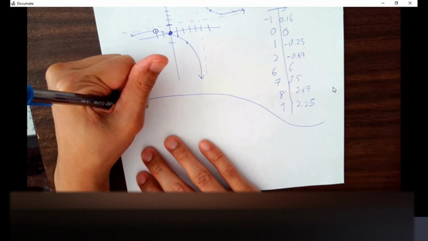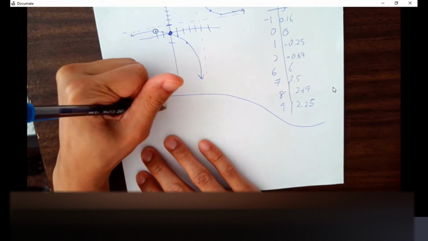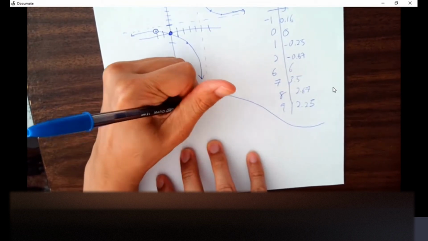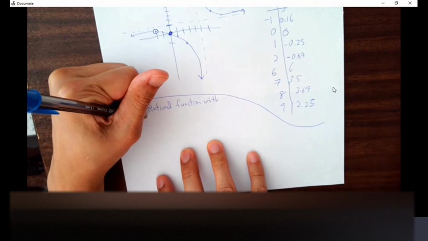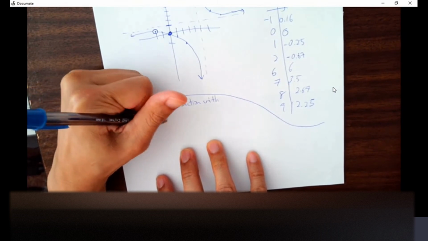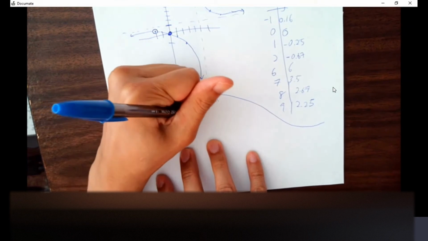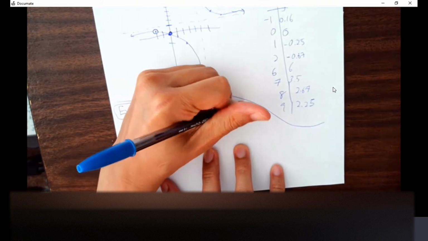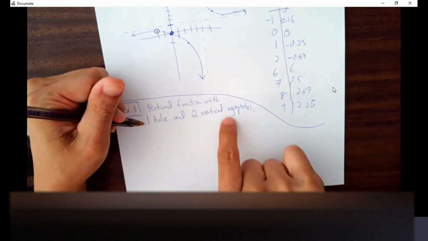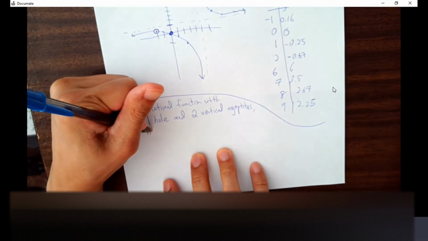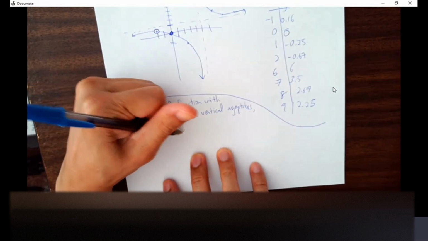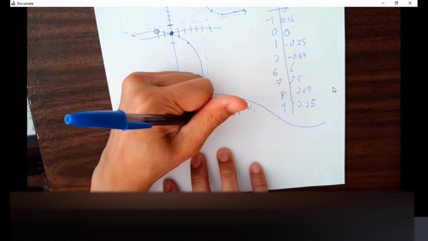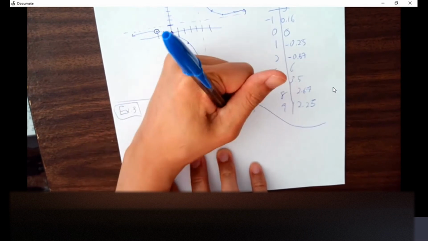Can you create a function with one hole and two vertical asymptotes, no x-intercept, and a horizontal asymptote at y equals 0.